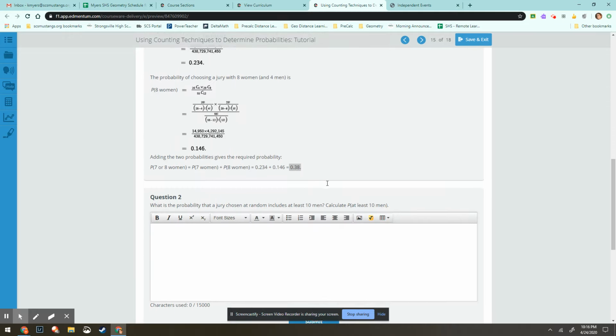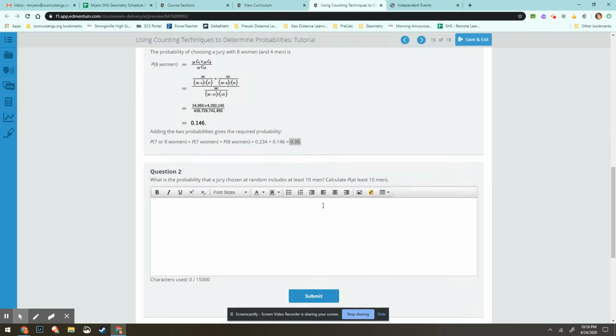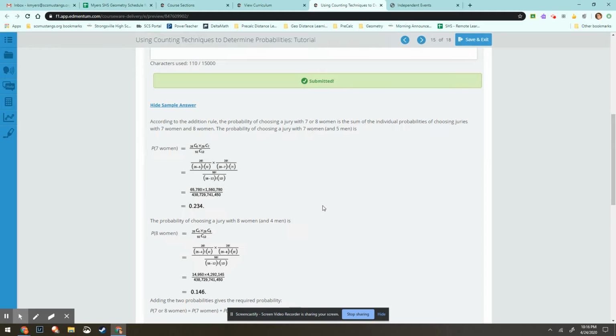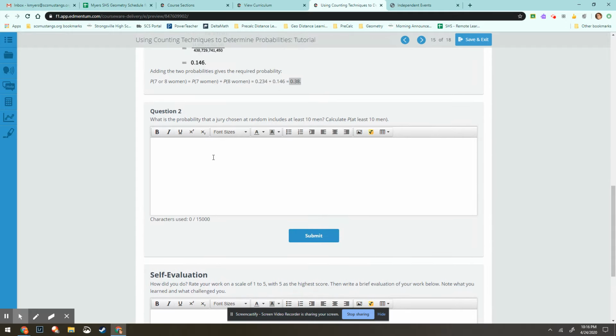Okay? For question number 2, what is the probability that a jury chosen at random has at least 10 men? So the probability of at least 10 men, we have to think about all the ways that that could happen. Well, if we had 10 men, that would satisfy at least 10 men.